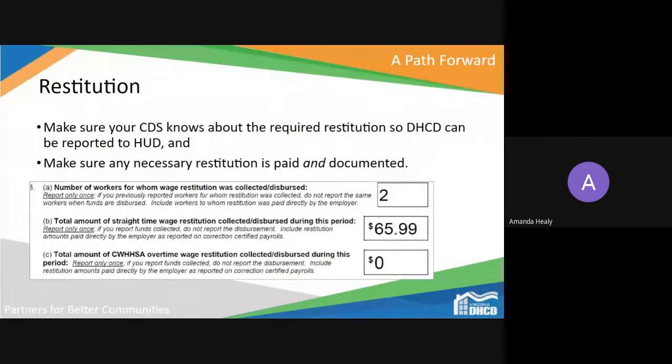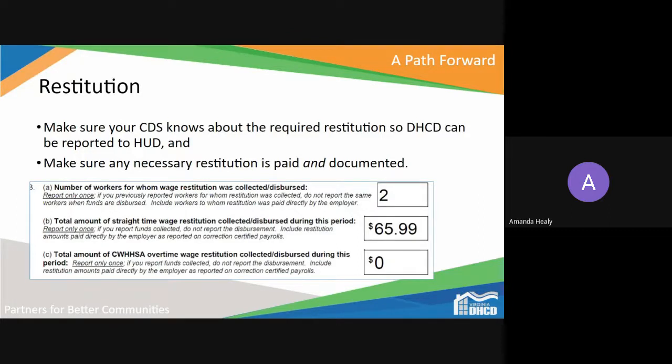Now, once you get that wage decision, and in this case, the flagger, they did not approve it, so they've been underpaying the flagger. So now you have to make wage restitution. And that will require the applicable payrolls to be resubmitted, showing the increase in the wage rate and proof that the restitution was paid. And you're going to want all this documentation in your files, because when there's a compliance review, we're going to look at that and verify that the workers involved were all paid properly.